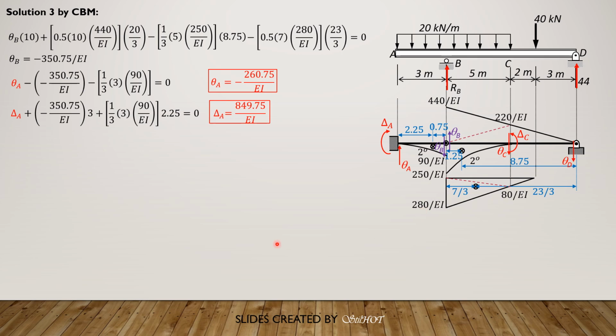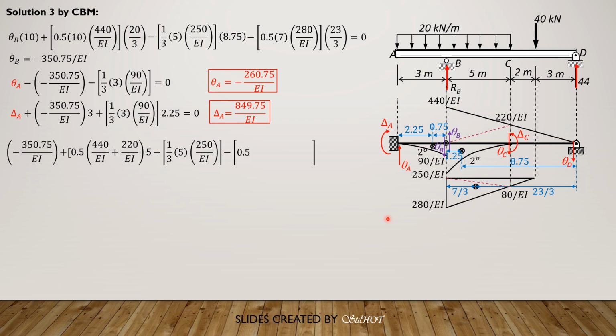But before that, let's sum up vertical forces to solve for theta C. So we have theta B, which is negative 350.75 over EI, plus the area of this trapezoid, 0.5 of 440 plus 220 over EI times 5, then minus the area of the spandrel, 1/3 of 5 times 250 over EI, then minus this trapezoid here, 0.5 of 5 times the quantity 280 over EI plus 80 over EI, equals 0.